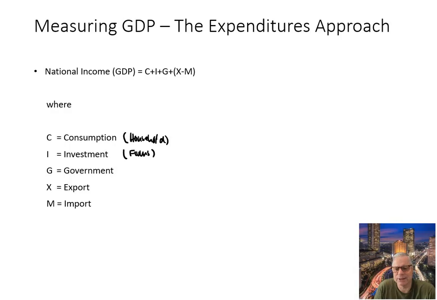And again, not exclusively, because the government can also invest, but if you want to think about the economic actors closest related to those expenditure categories, of course, government is the government, and exports minus imports would be essentially the foreign sector.